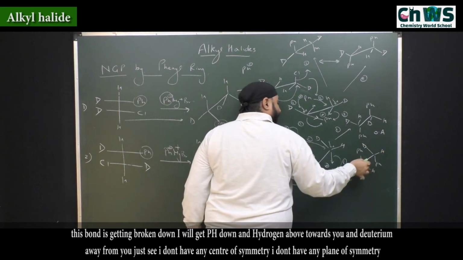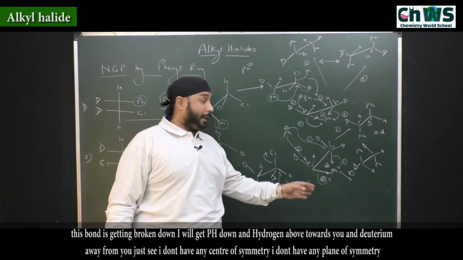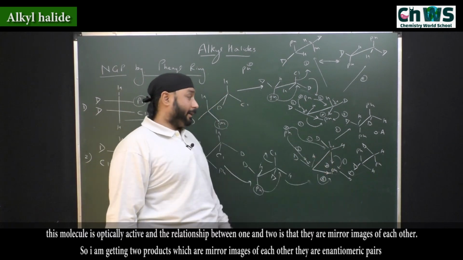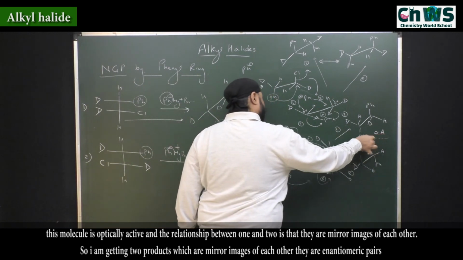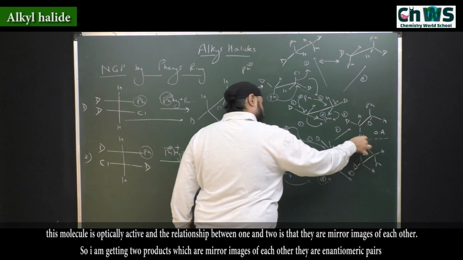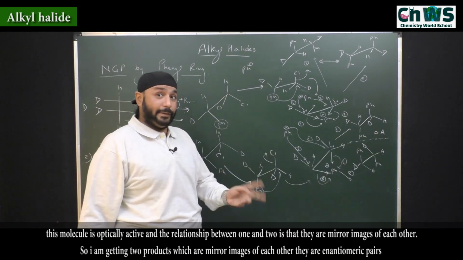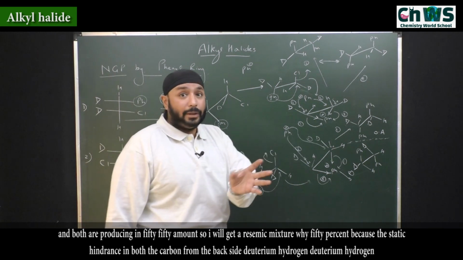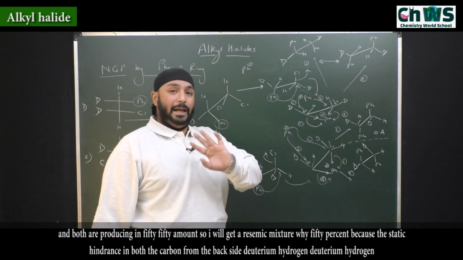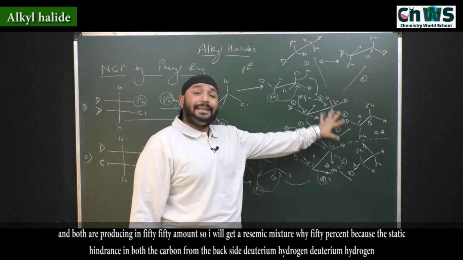Just see, again I don't have any center of symmetry, I don't have any plane of symmetry. This molecule is optically active, and the relationship between 1 and 2, they are mirror images of each other. So I'm getting two products which are mirror images of each other. They are enantiomeric pairs, and both are produced in 50-50% amount, right? So I'll get a racemic mixture.